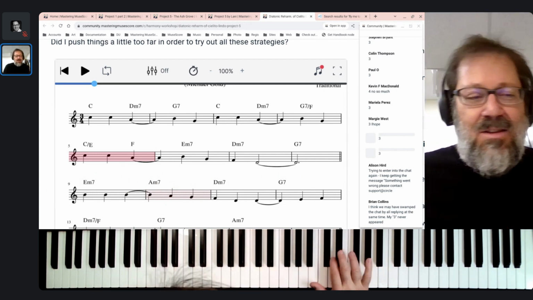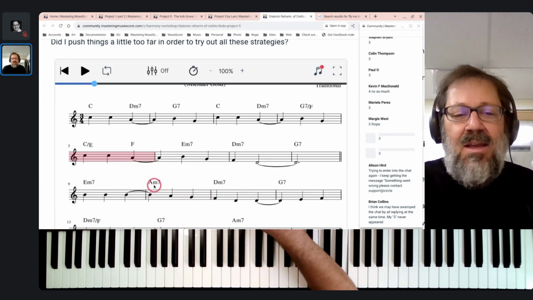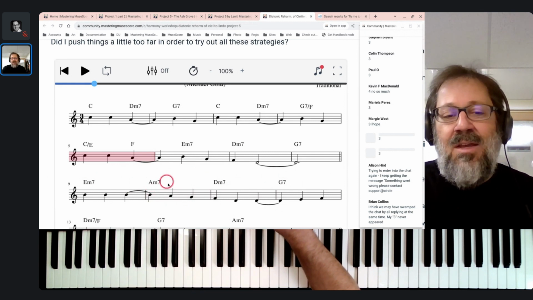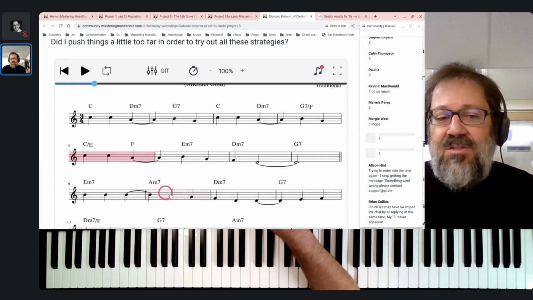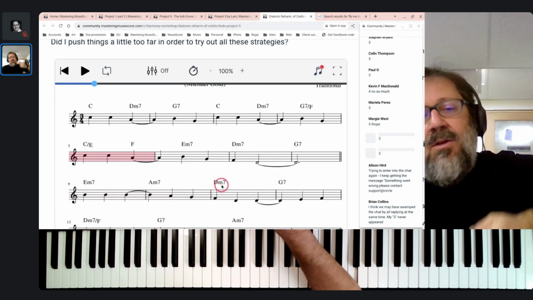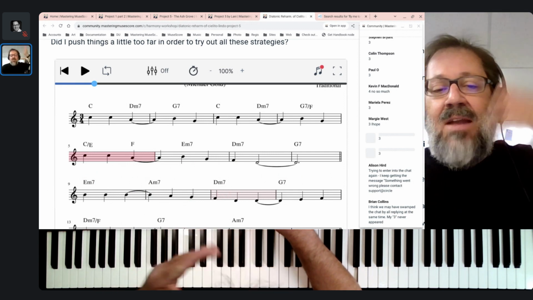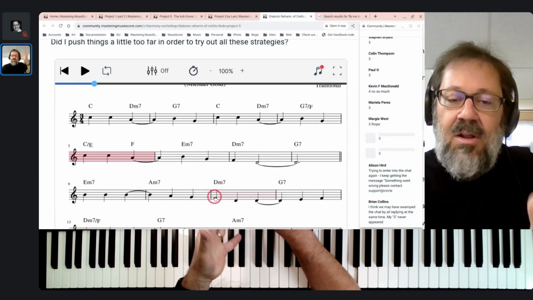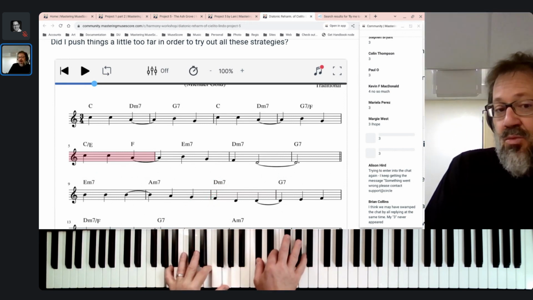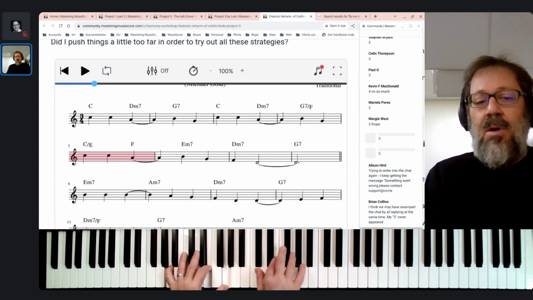I don't even know what that word really means here, but what it means here is it's about creating momentum into the start of the next phrase. And I think that's why we see the dominant 7th in the second bar of a 2-bar phrase, to pull you into the start of the next phrase, because that's where we want the emphasis to be. So this is where we really want that dominant sound, in that second bar.